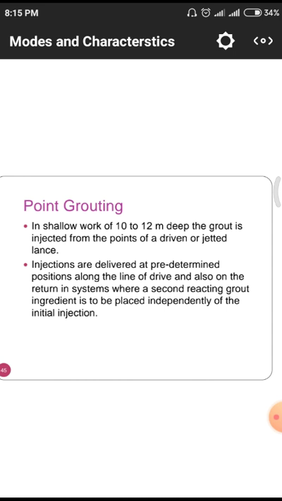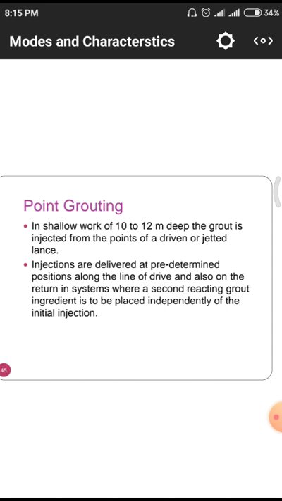Predetermined means we know all the lengths, depths and thickness of the void content, so we know how much matter is required to inject into the particular hole. All those things we have to know, and after that we inject.